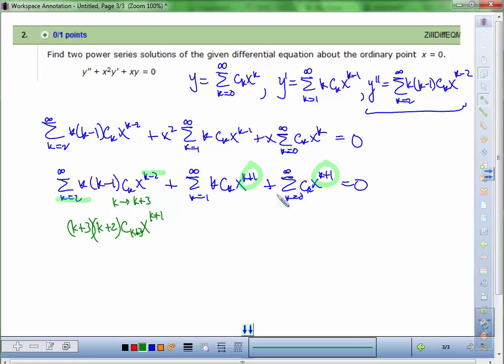So I replaced everything in this series, I replaced all the k's with k plus 3, so that I would have matching.